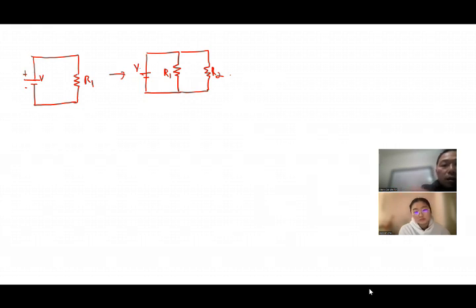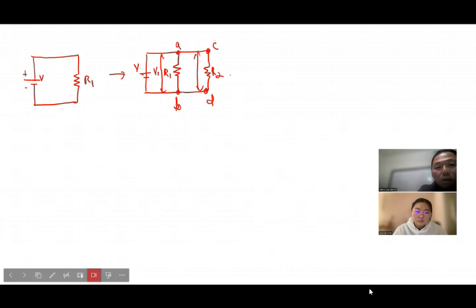You can think of the potential difference between points A and B as V1, and the potential difference between points C and D as V2. Now the current from the EMF flows along the junction A and splits into I1 and I2.